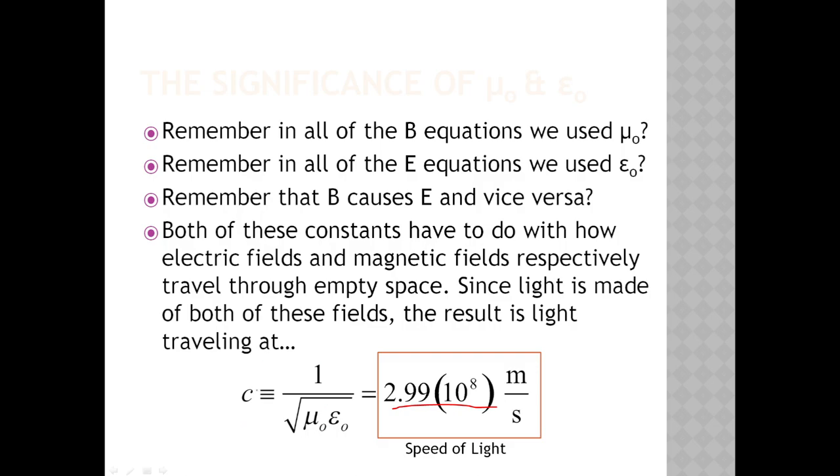So this calculation on the left here shows how permeability and permittivity of free space affect the speed of light. The only thing that you would probably need to be familiar with is this number on the right-hand side here. The speed of light, regarded as a universal constant, is 3 times 10 to the 8th meters per second. That's 300 million meters in a single second.